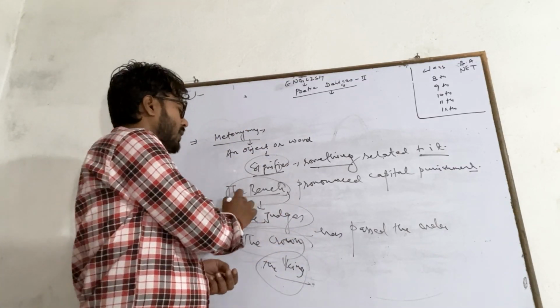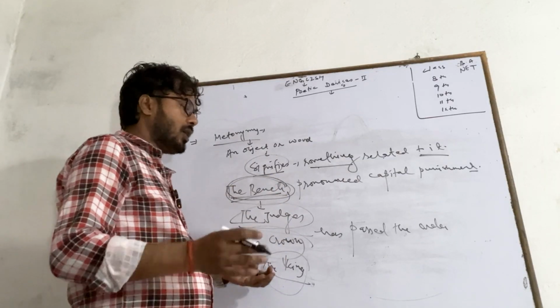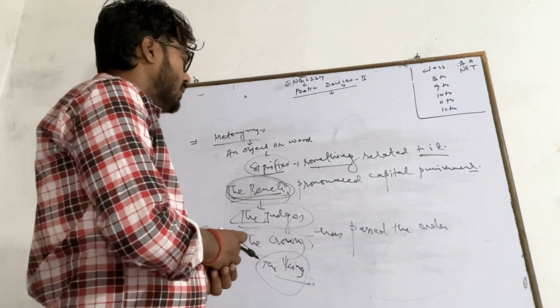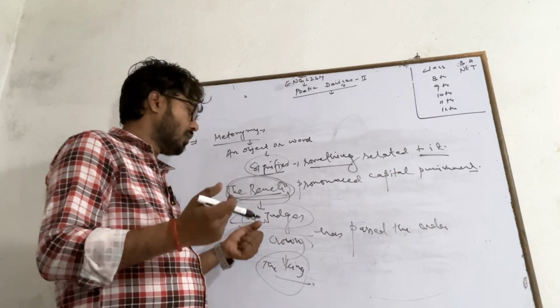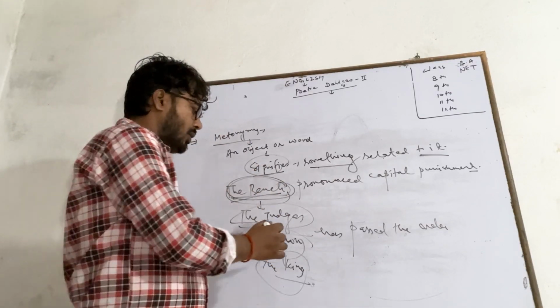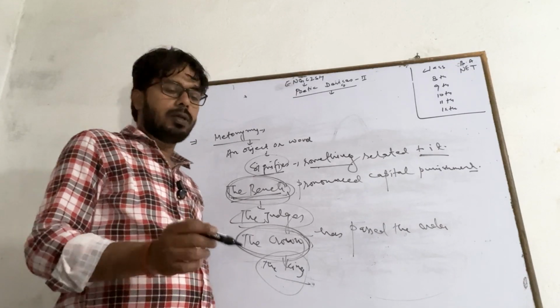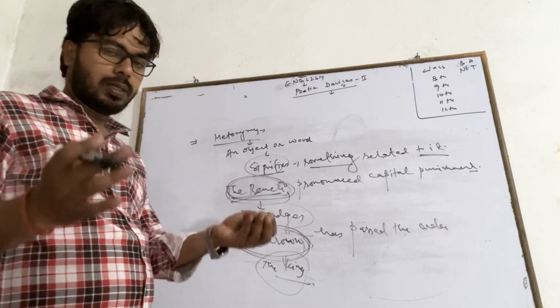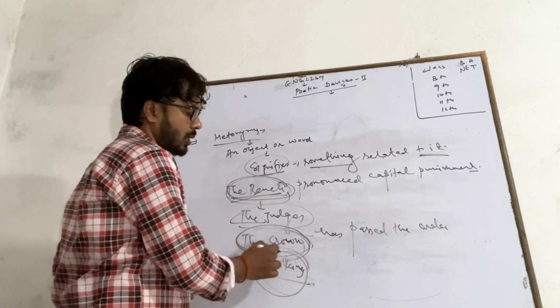The bench is an object, but this particular bench is not the bench we sit on. This bench is all about judges, a group of judges. The crown is an object, but here it is not a simple object. It only signifies or symbolizes the king.